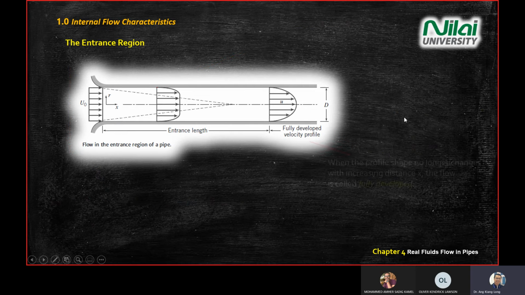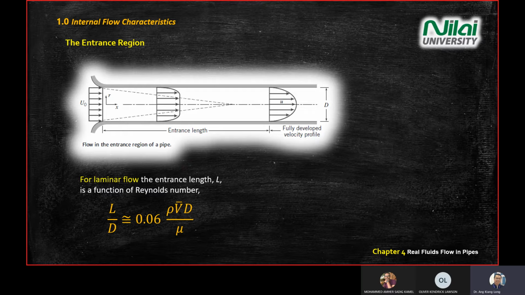The next question is more on the pipe design. After you get Reynolds number, it will ask you, what is the entrance length, or what is the minimum entrance length that you need to achieve laminar flow?